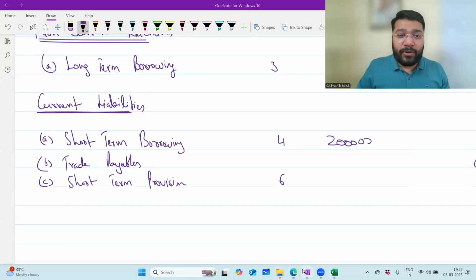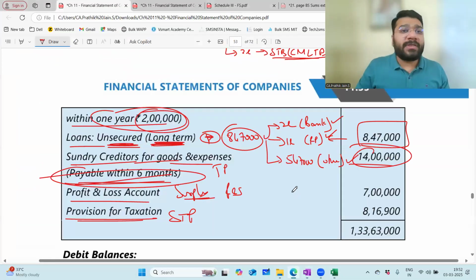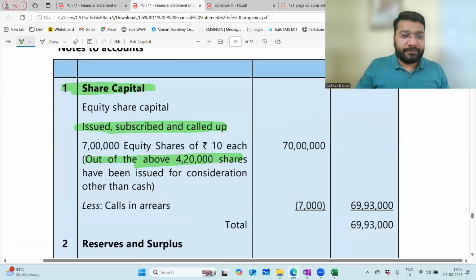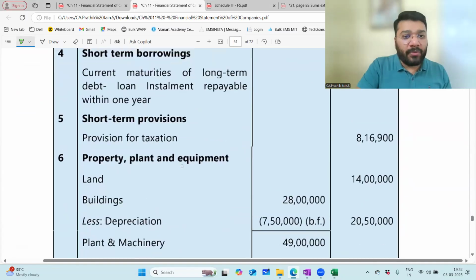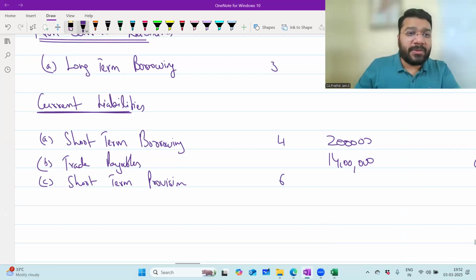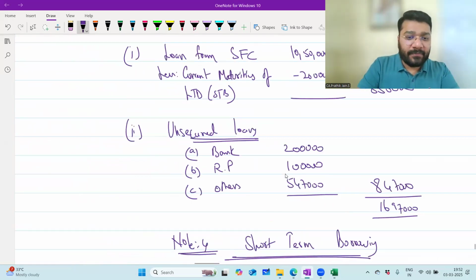So how much is it? 14 lakh rupees. What have they done in the textbook? Have they given any notes? They have not given. It is share capital, reserves and surplus, long-term borrowing, short-term provision. Nothing for trade payable. So let's say for short-term provision it is Note 5.